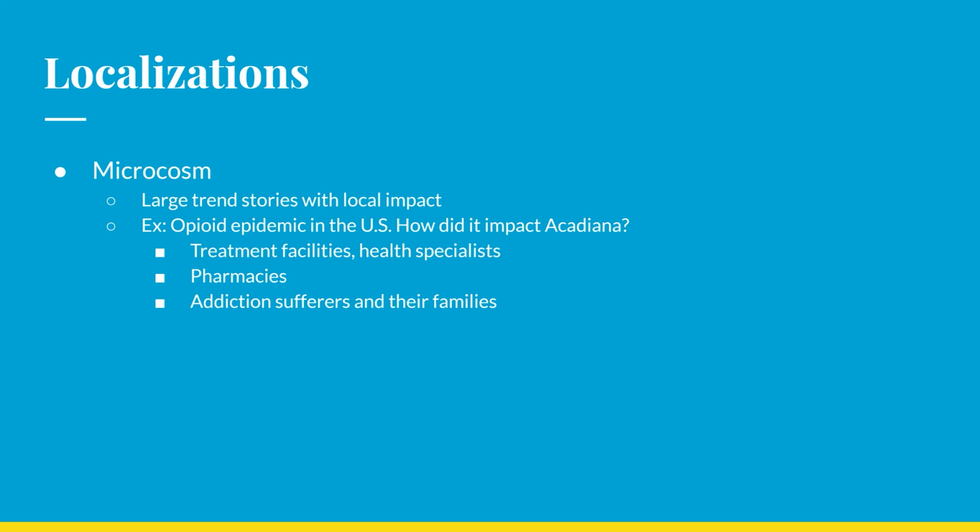So if you were to show a microcosm of this story, you would focus maybe on a family who comes forward and someone in the family who suffered from opioid addiction.